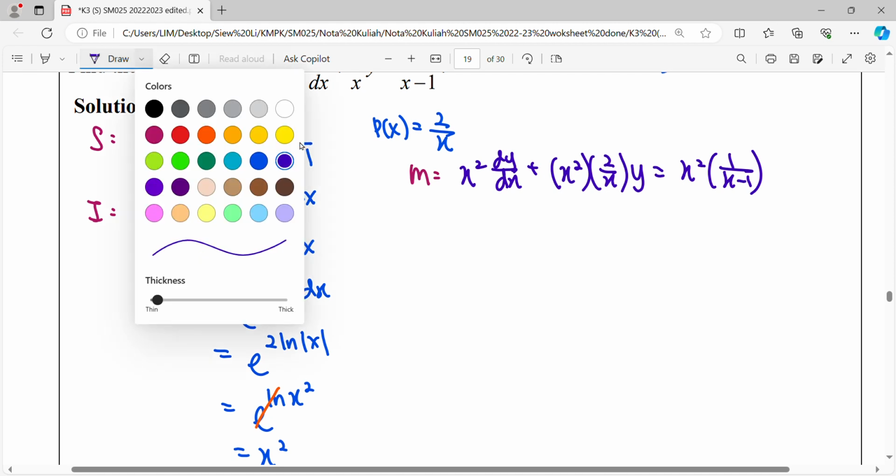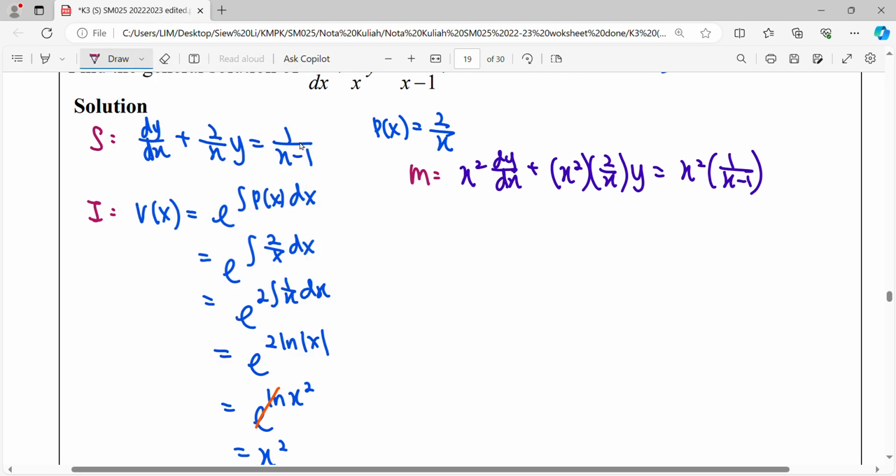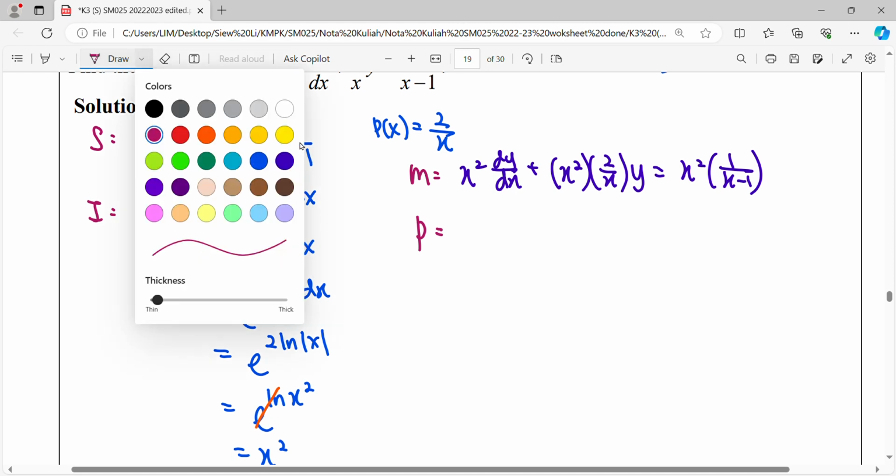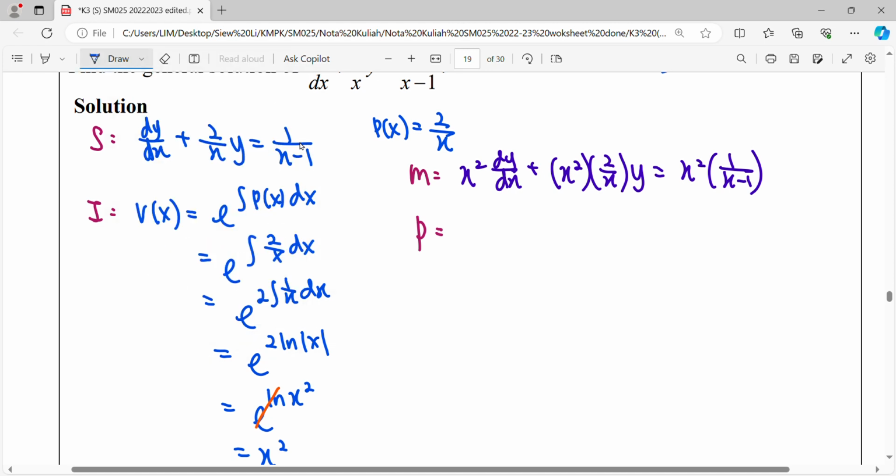Then for the next step, it will be P. P is writing the product rule. So how to write the product rule? It will be d/dx of V(x) times y. So V(x) is x squared times y. So for this left hand side, we managed to write it in product rule. For the right hand side, we leave it as it is.